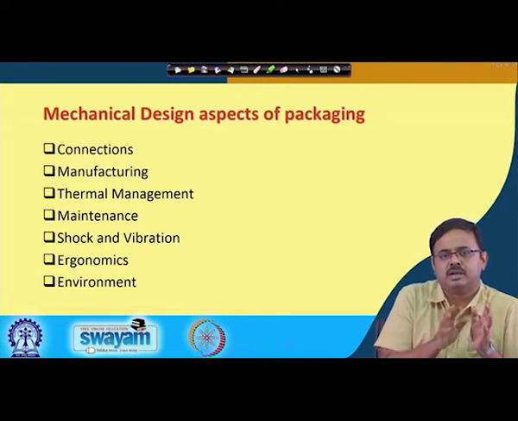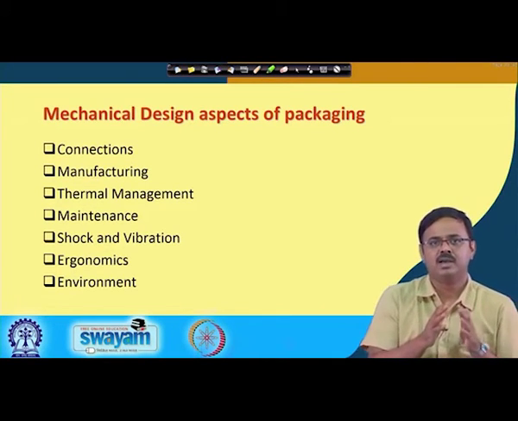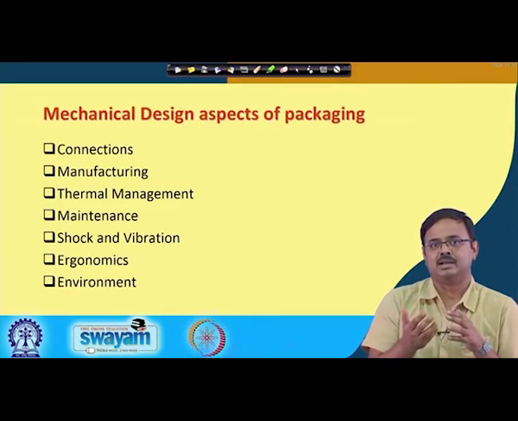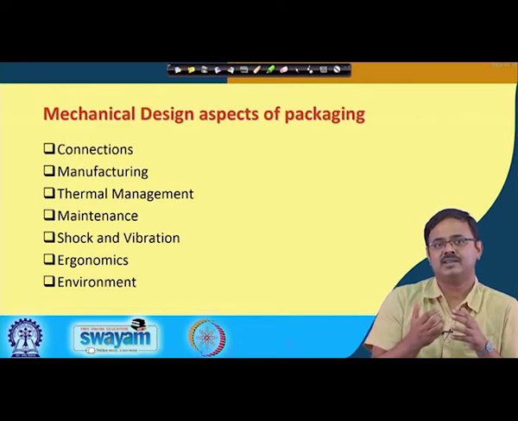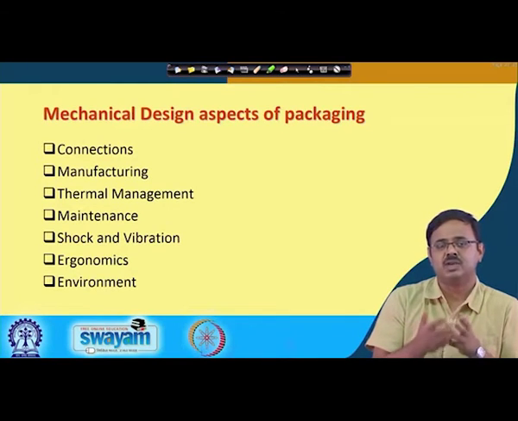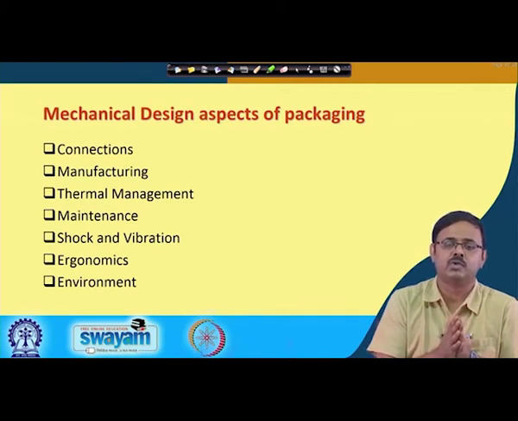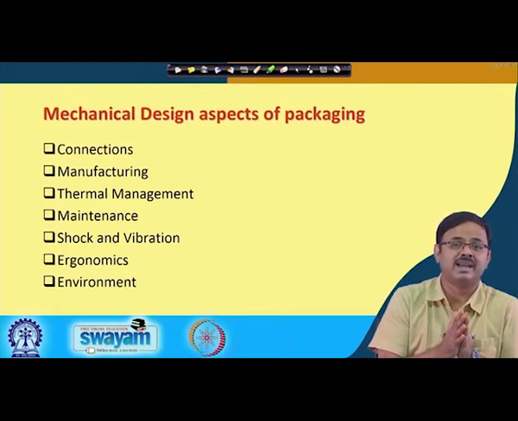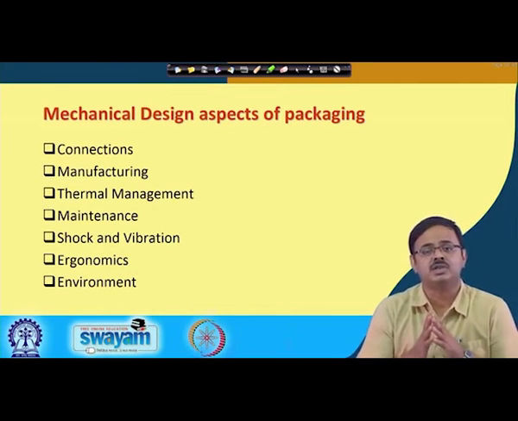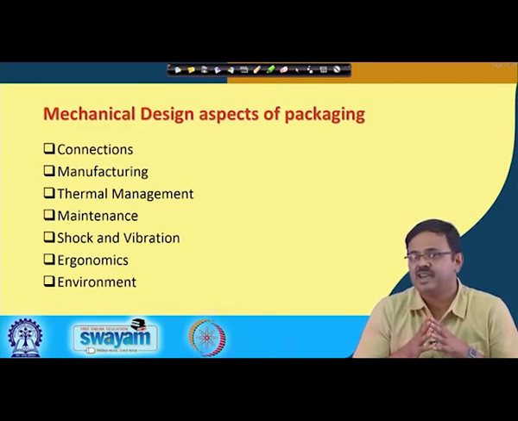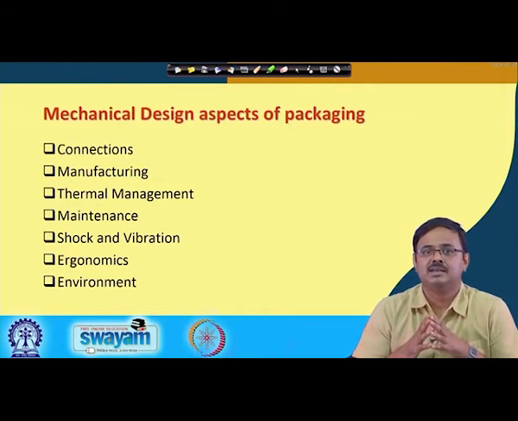Now no more, but for a long time these were often done later. They were not considered at the design phase, and later on these were found to be bottlenecks. Okay, so if these are neglected at the initial stages, you can probably get into catastrophic consequences where your products may fail much earlier than their predicted lifespan. Okay, so all these become very important.